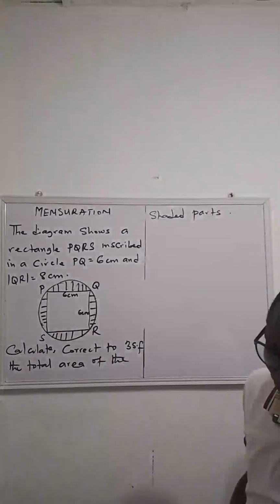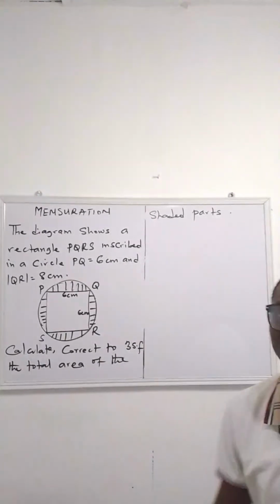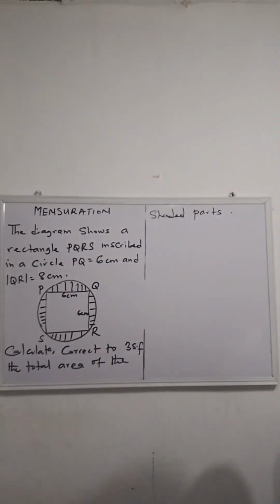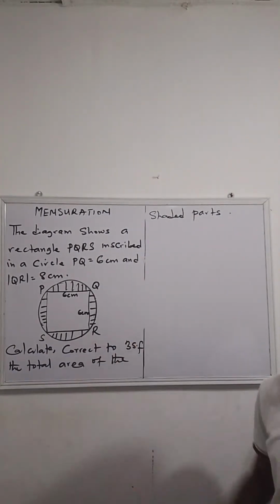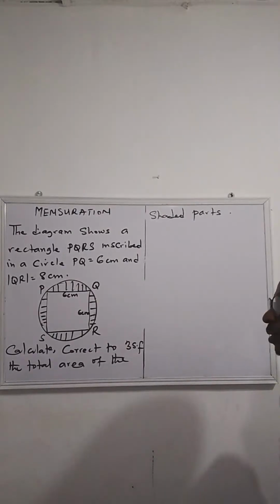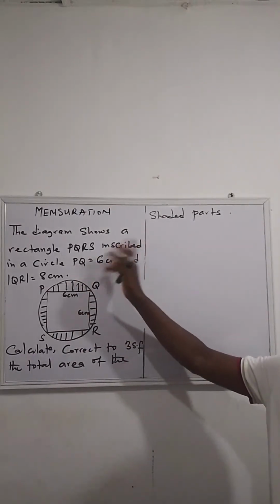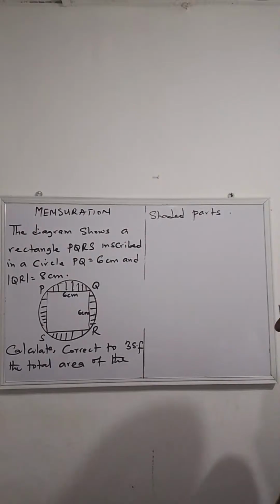Okay, so now can we look at this next question? We want you to try this before we do it together. It's just a replica of what we just did. The diagram shows a rectangle PQRS inscribed in a circle.